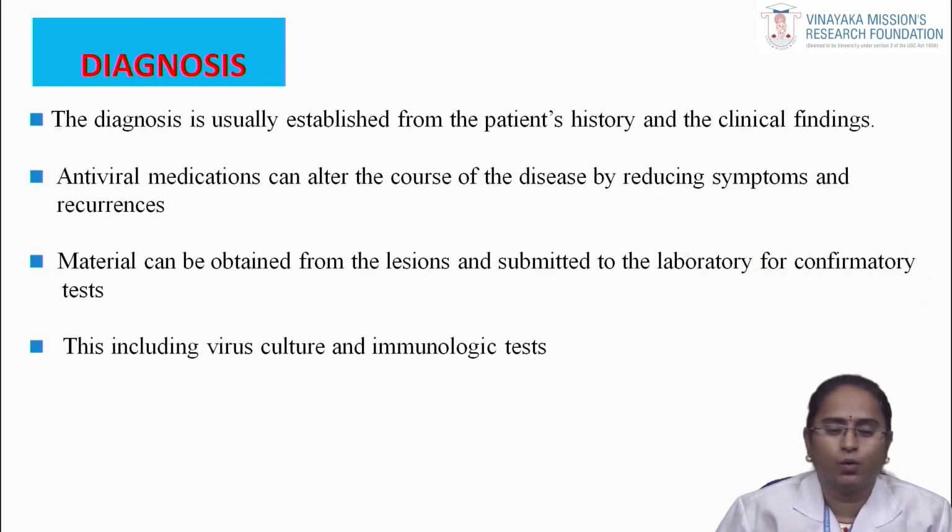Coming to the diagnosis, it is usually established from the patient's history and clinical findings, that is extraoral signs and symptoms and intraoral signs and symptoms. Usually material from the lesions can be obtained for laboratory confirmation tests. This includes viral culture tests and immunological tests.